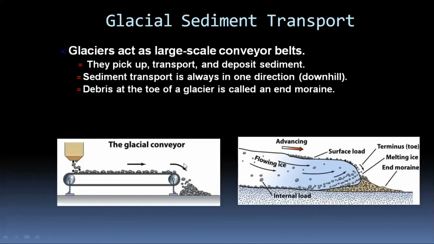Here you can see an advancing glacier, and that glacier is transporting the sediments in different forms, like the internal load, some load suspended in the ice, and some of the load carried at the surface of the glacier, and as a result it starts depositing its load in the form of moraines.